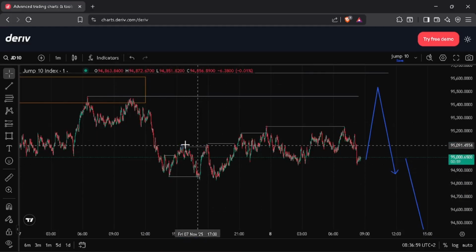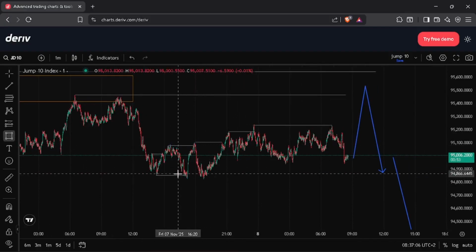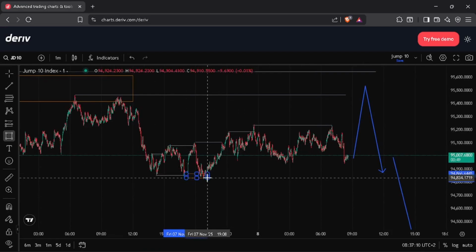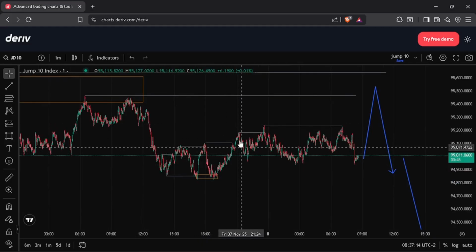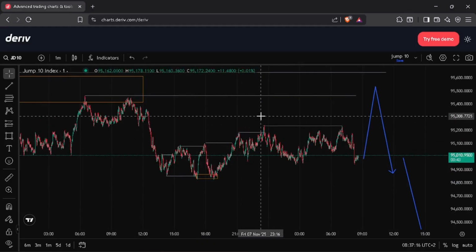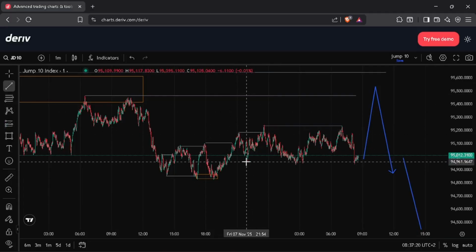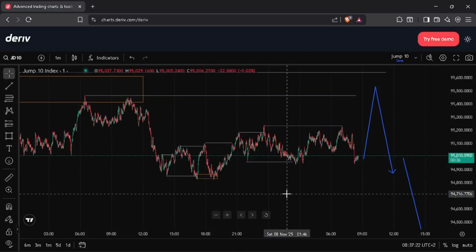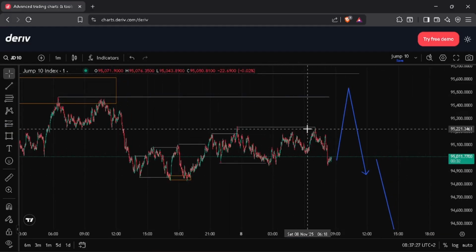After this wipe, it went and broke this previous high and then came down here. It reached a supply zone here and then broke another structure there and another one there, took out this liquidity here, and then went up again, but it didn't break structure there.